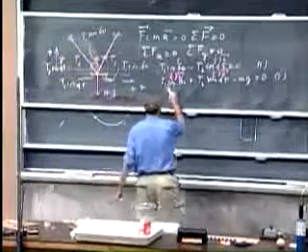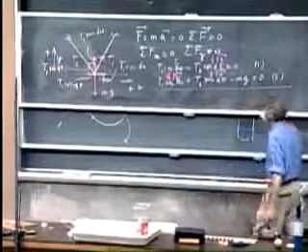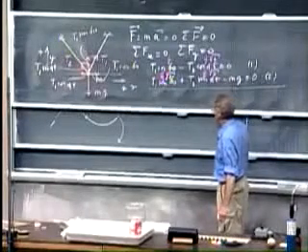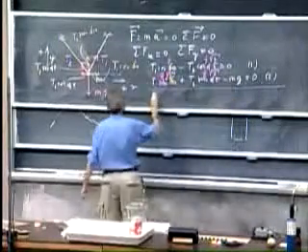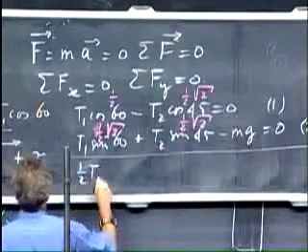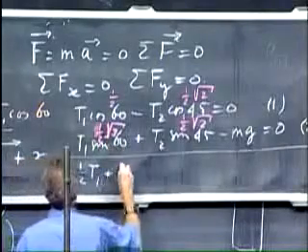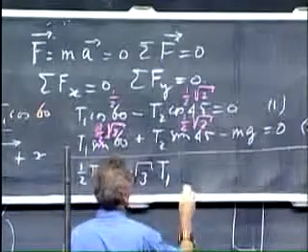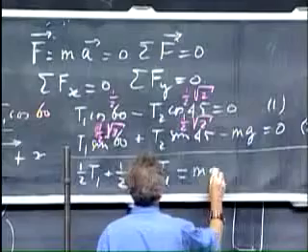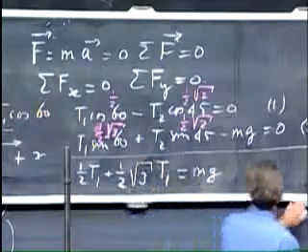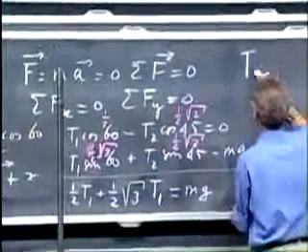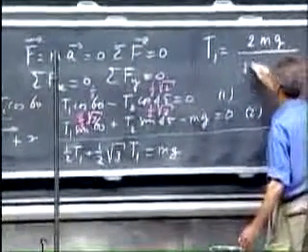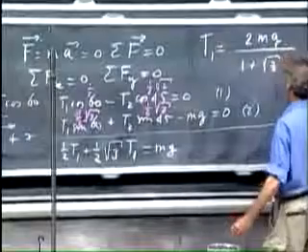In fact, if we add them up, it's going to be very easy, because we lose this, because we have both 1/2 square root 2, and so you see immediately here that 1/2 times T1 plus 1/2 square root 3 times T1 equals mg, and so you'll find that the tension T1 equals 2 mg divided by 1 plus the square root of 3.